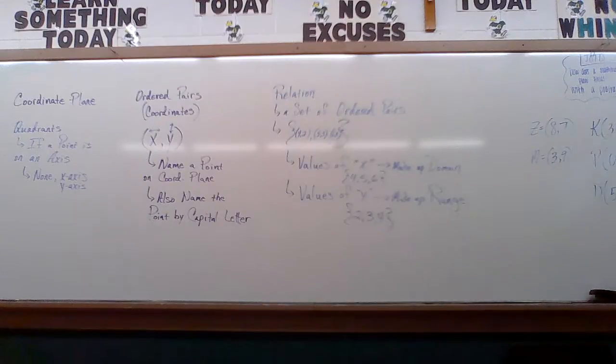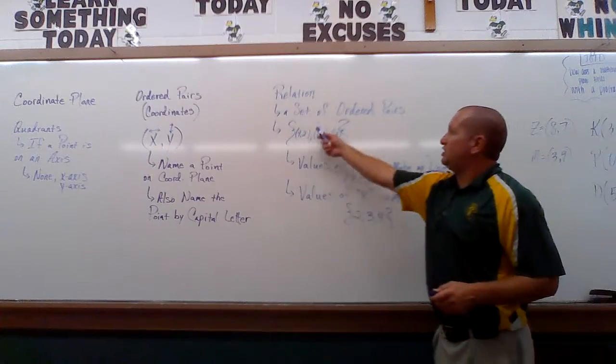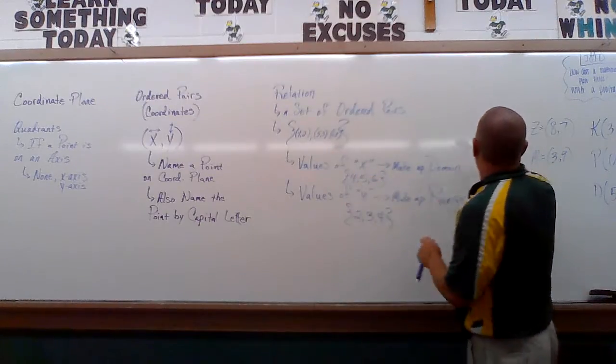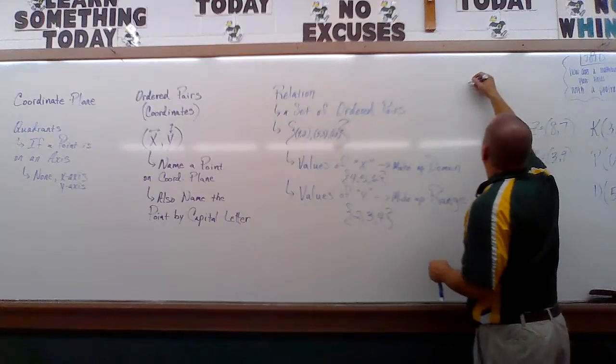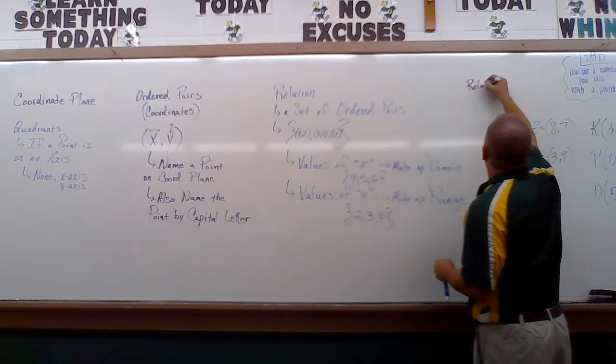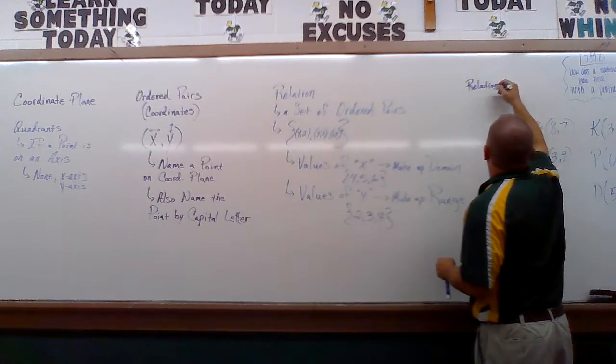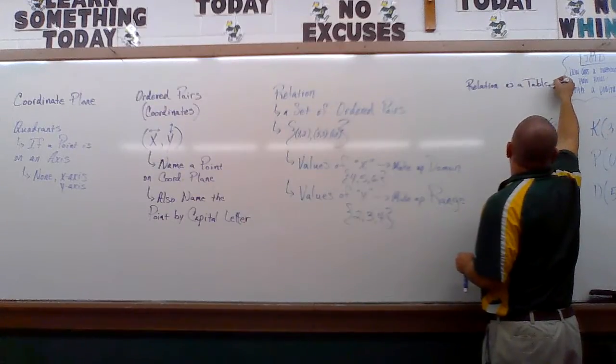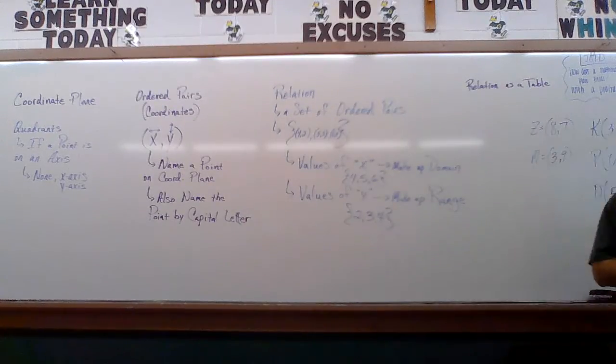Okay. So when we talk about a relation now, we can do a relation as ordered pairs. We can also write relations as a table. Okay? What's a table to you?